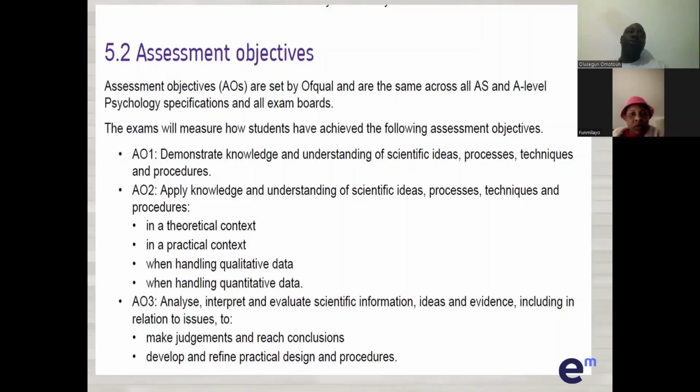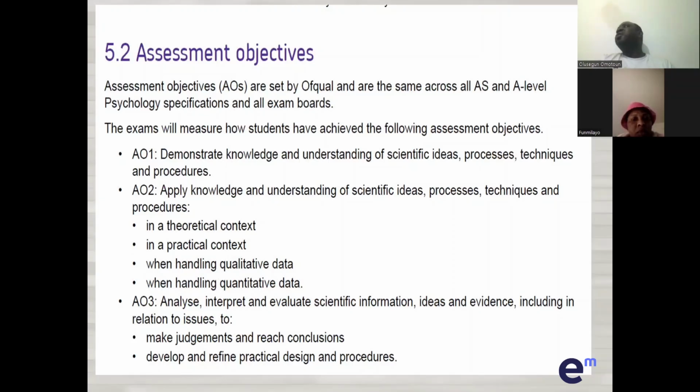We refer to them as AOs because these assessment objectives are what help us in answering our questions. First, it helps us understand what the question is expecting of us to do. Then it also helps us to minimize the time we spend on each question.